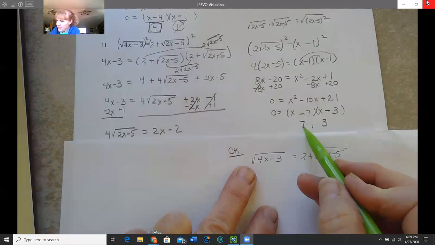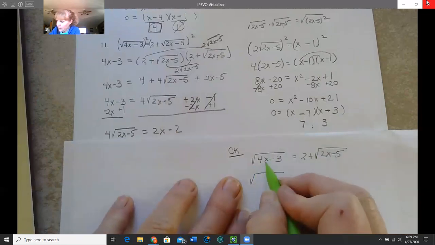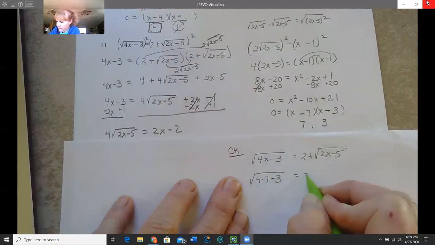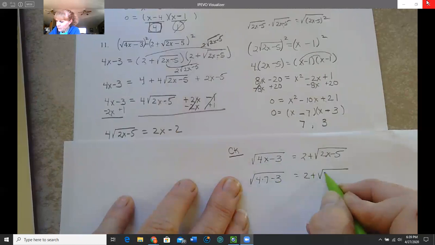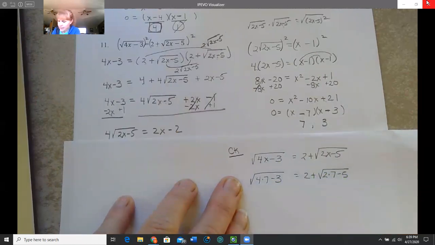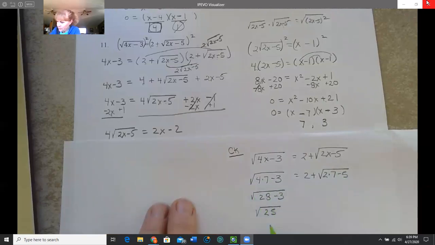If I put 7 into here, I have 4 times 7 minus 3, and 2 times 7 minus 5. This will be the square root of 28 minus 3, the square root of 25, which is 5.